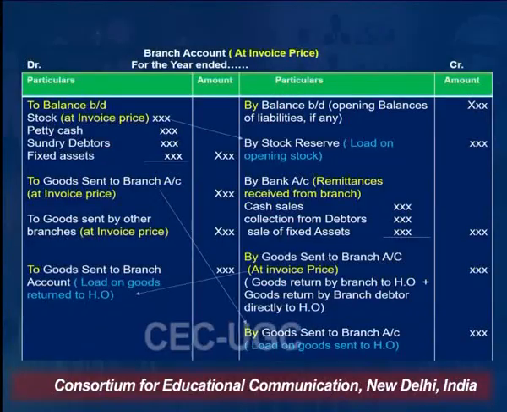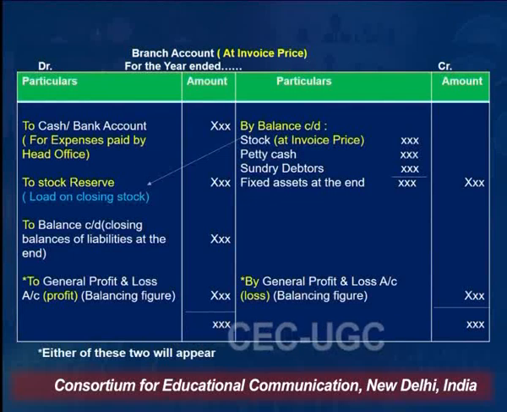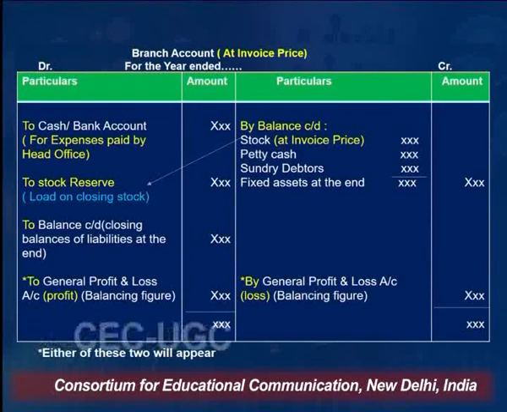On the credit side, some more items are shown in this account, that is, goods returned by the branch. So basically in this branch account, you have to show all the items as we have done previously to prepare the branch account at cost price.